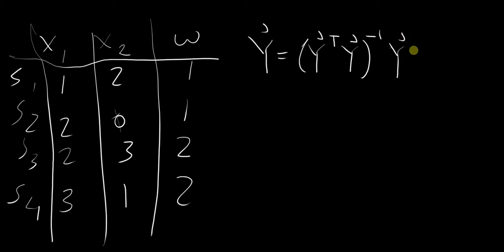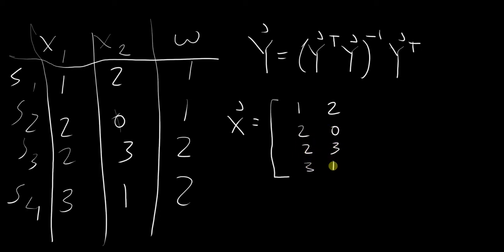So this pseudo-inverse definition here will work if you define your vector of features x such that every row represents a sample. Okay? So if you define it like this, and then go on to augment it like this.